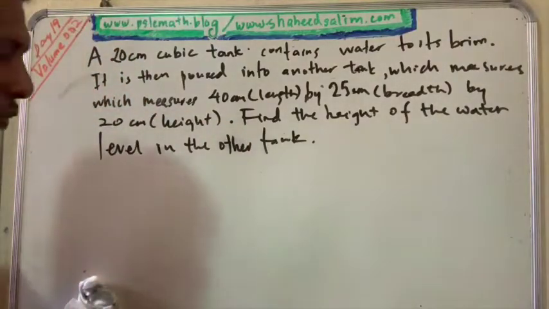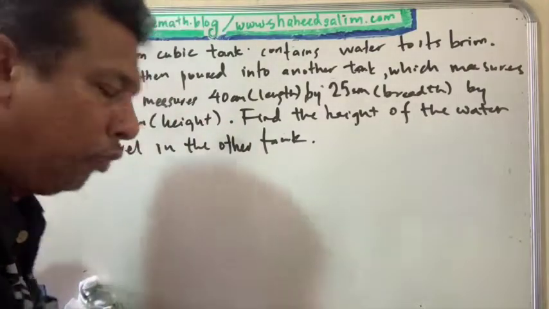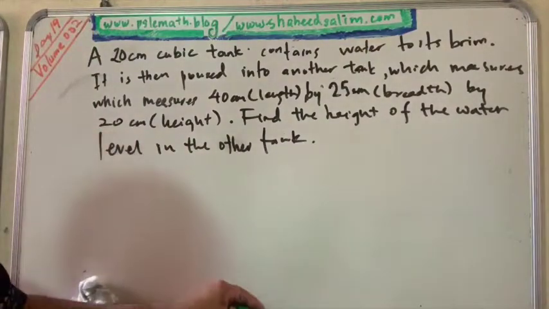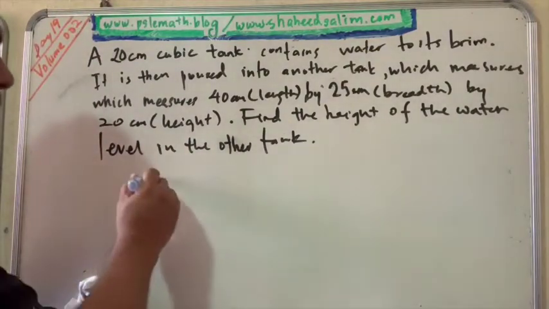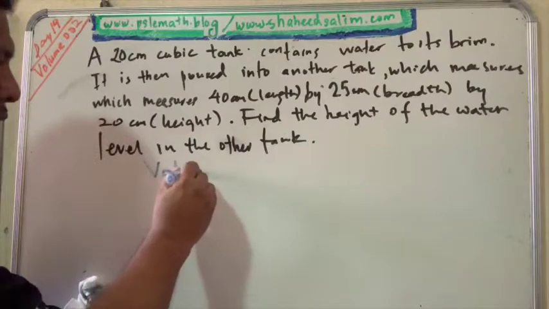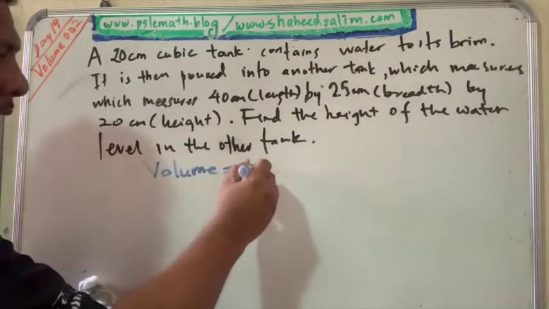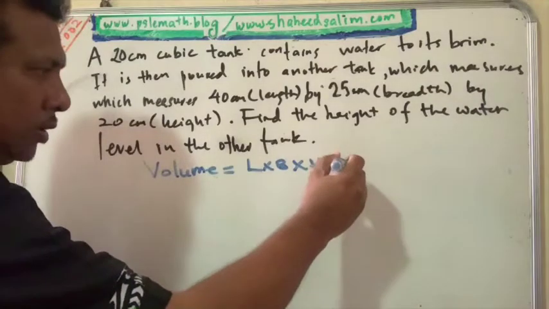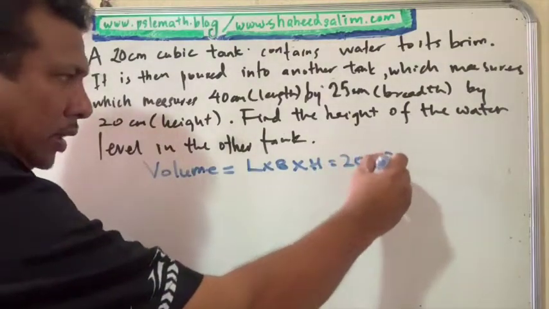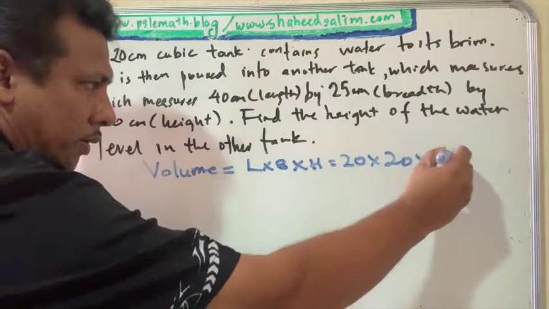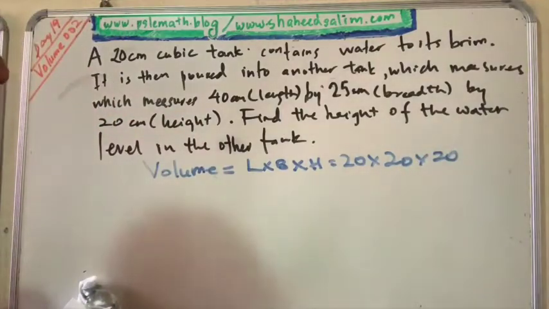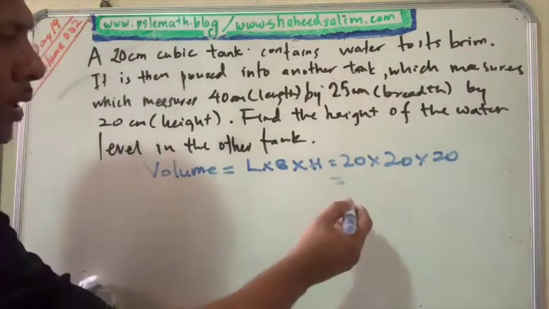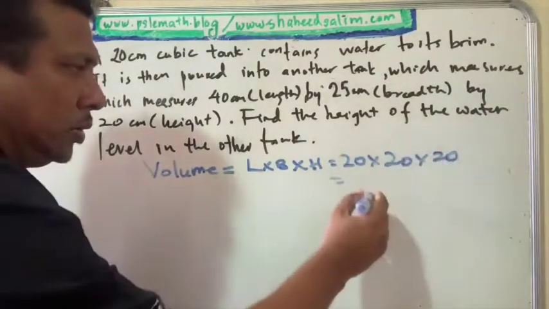First of all, you find the volume of water in the cubic tank. To find volume, length times breadth times height, which is 20 times 20 times 20. So what's your answer? 2 times 2 times 2 is 8.